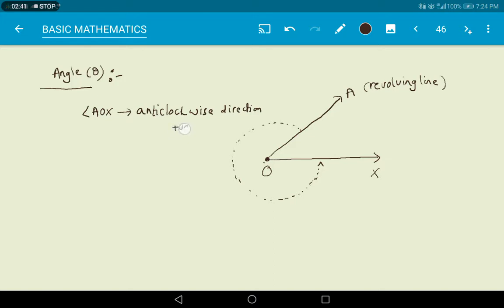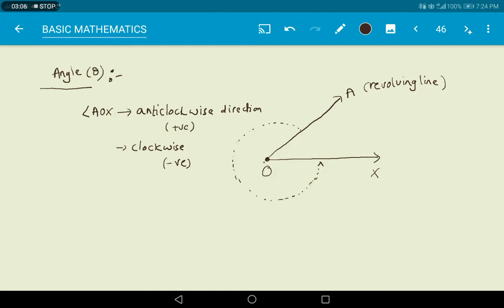If you measure the angles in the anti-clockwise direction, the sign is taken as positive. If you measure the angles in the clockwise direction, they are considered negative. Okay? So it is a fixed sign convention for measuring angles. Whether you are measuring in the anti-clockwise or clockwise direction is also important.